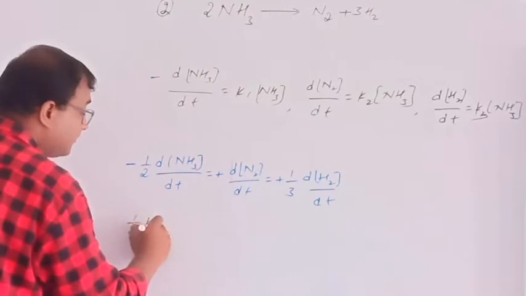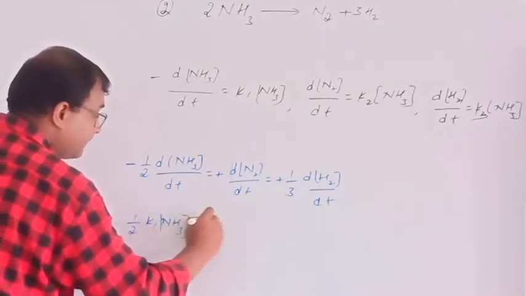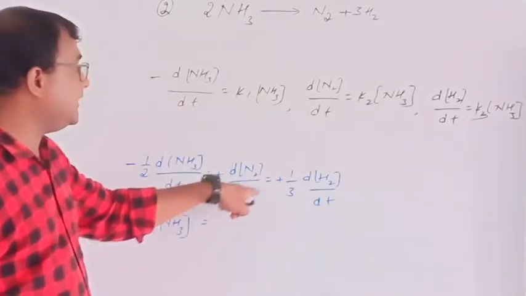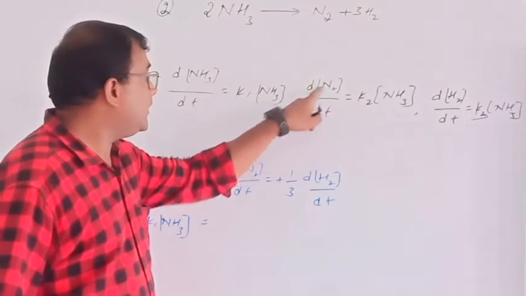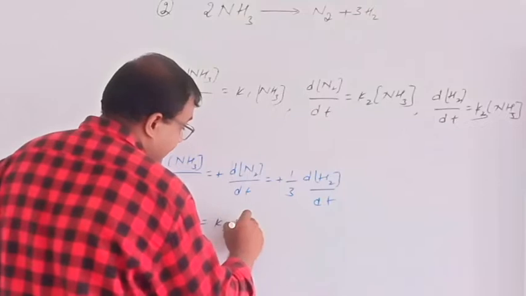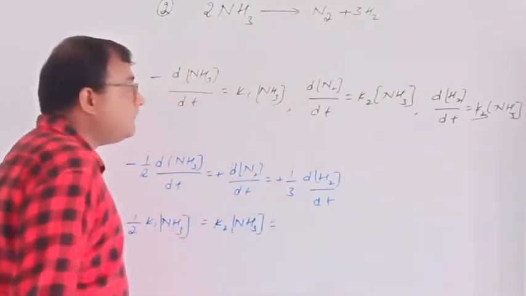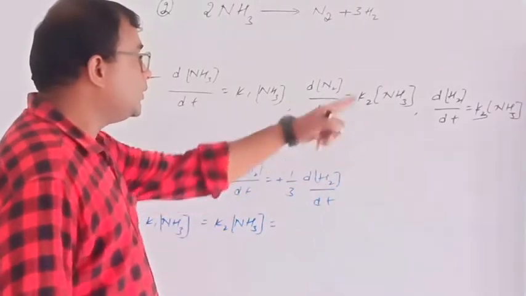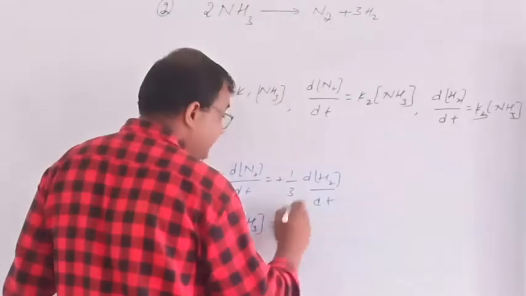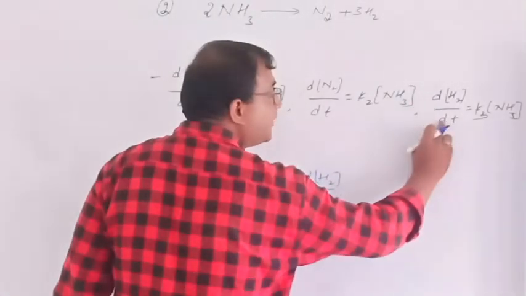So we can write that K1 into NH3 is equal to minus, that is dN2 by dt, dN2 by dt is equal to K2 into NH3, equal to minus 1 by 3 d of H2 by dt, which is K3 into NH3.